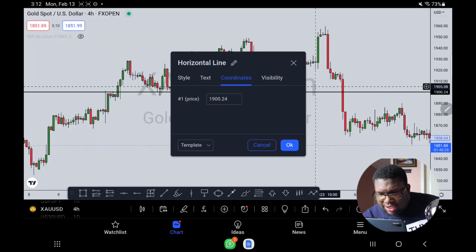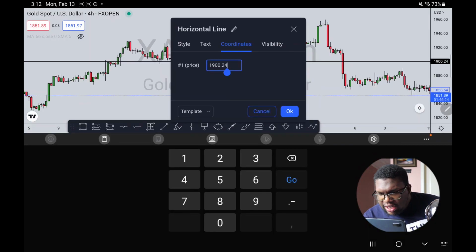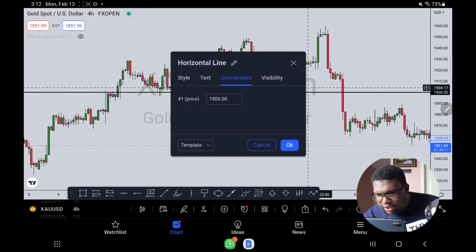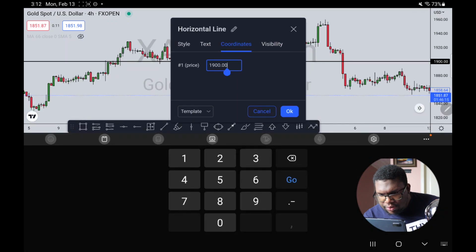But there's one little key thing that I love to do on gold, which acts very good, right? So watch this, guys. Watch this magic trick. So I edit the price, right? I'm going to put it to the nearest whole number, which is 1900, right? Next thing that I'm going to do is I'm going to select all, right?